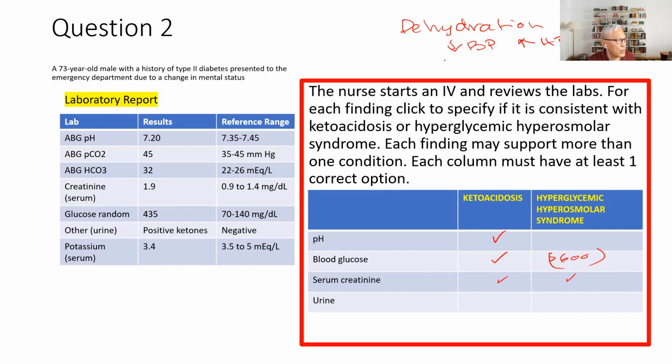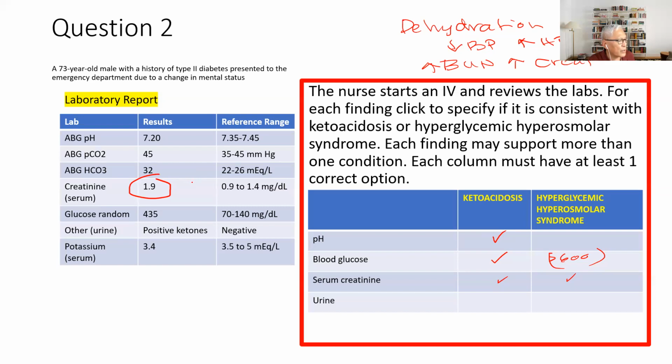It will also elevate your BUN and your creatinine. Look at the creatinine, it's elevated at 1.9. Could this be only a result of DKA or HHS?